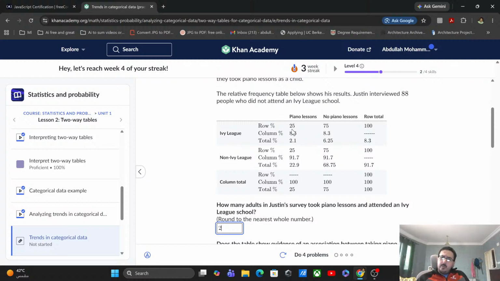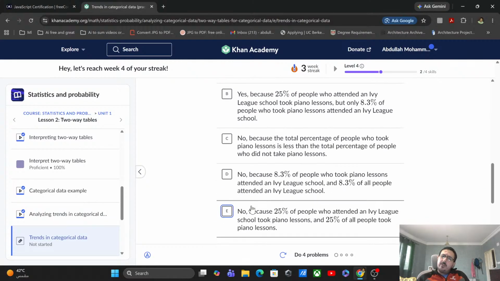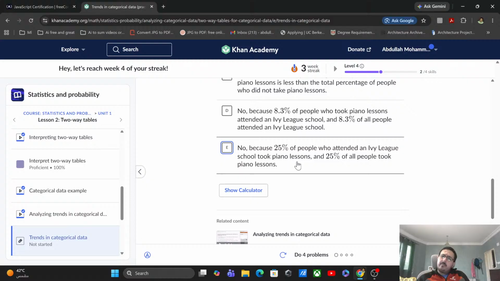So 25% of the Ivy League took piano lessons. I would say this one, but I don't know how to. I don't think this is no, because 25% of people who attended an Ivy League school took piano lessons. That's correct. And 25% of all people took piano lessons.